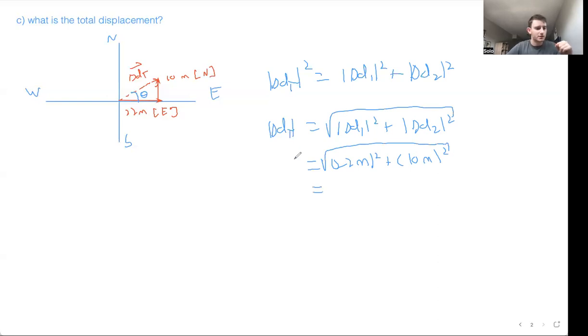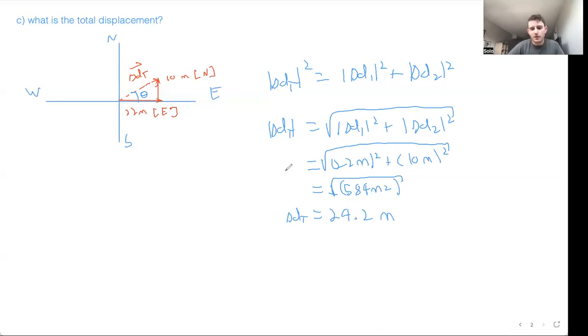That will give us 584 meters squared. And we take the square root of that. So make sure you can do this in your calculator because you got to be able to do that. Gives us about 24.2 meters. Okay, so that's the magnitude of delta d_t. And I'll keep another significant figure here just for the calculation.